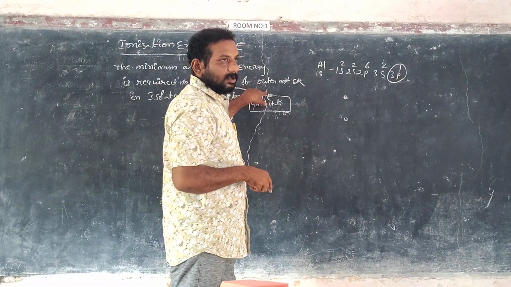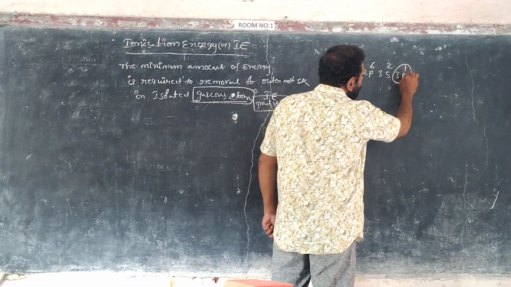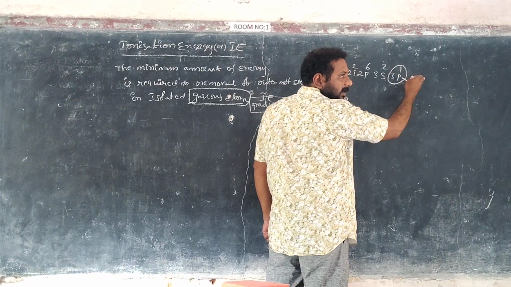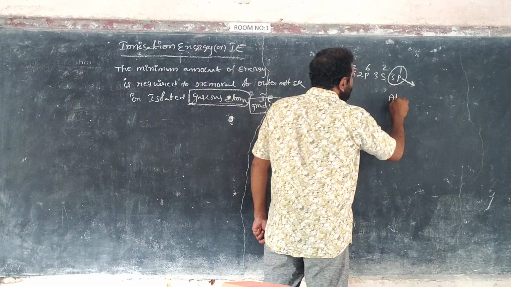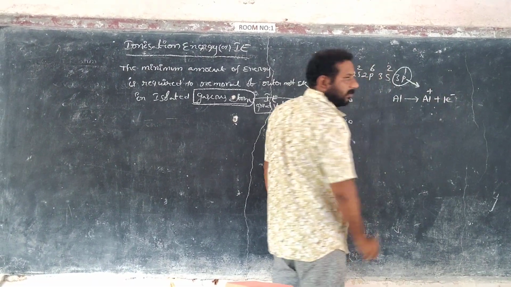For example, Al gives rise to Al plus when one electron is removed.